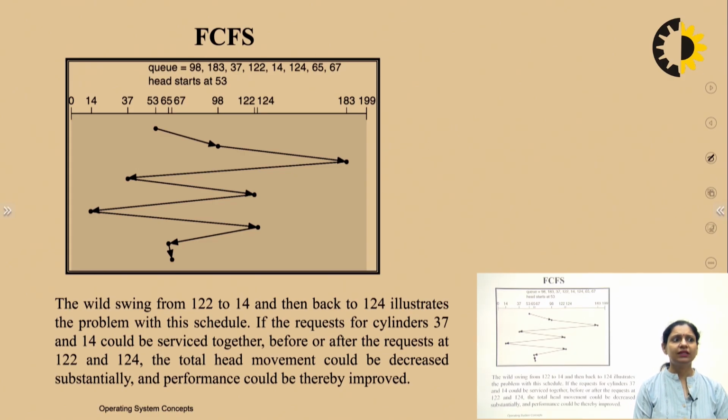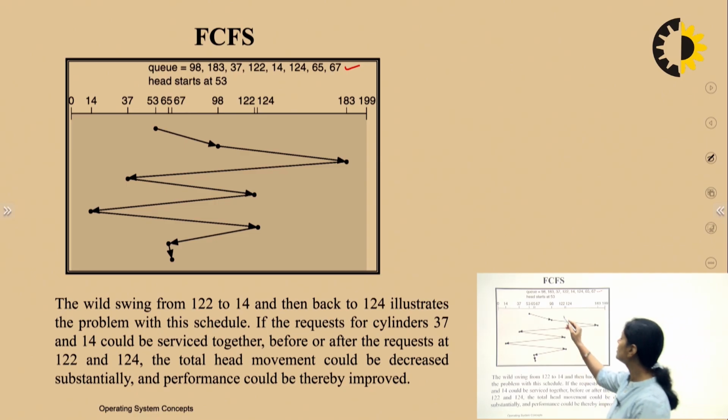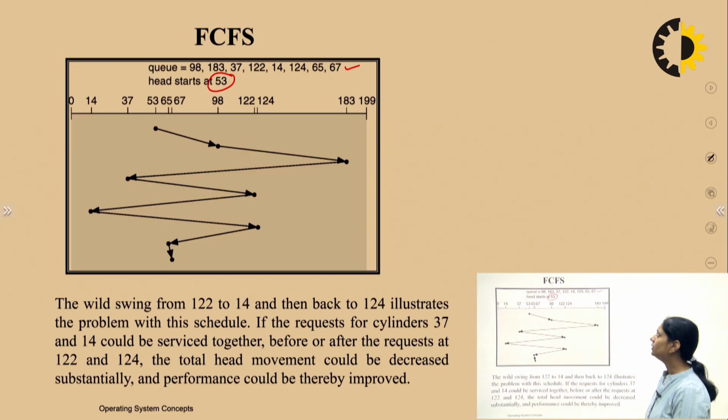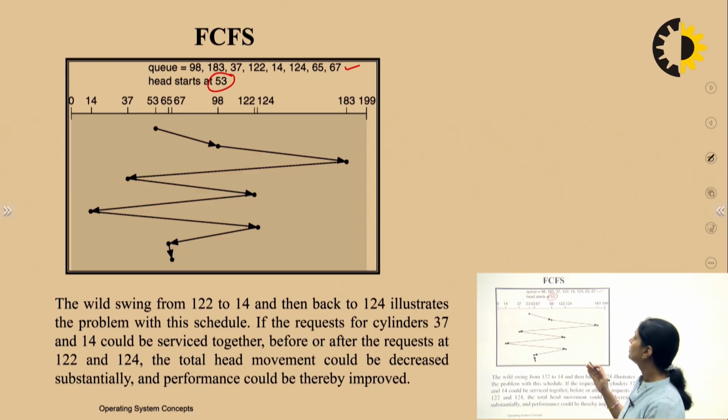The first one that we have is first come first serve. This is the queue which is required by the processes, and the current position of the head is at 53. In first come first serve, it will take the queue as it is and start performing the actions.